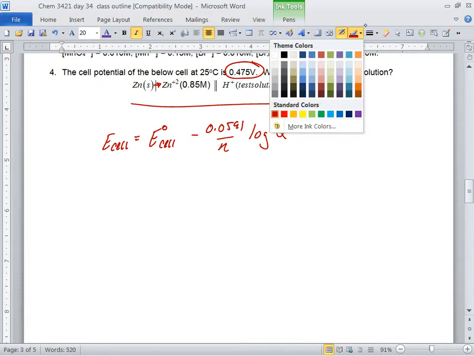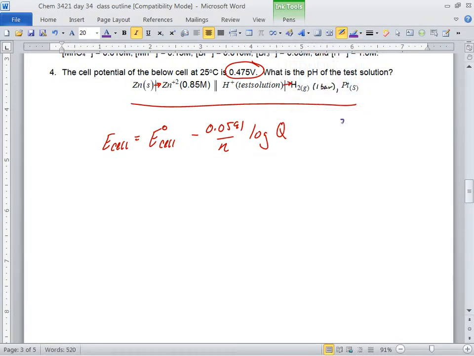Find these things. Zinc goes to zinc plus 2. And that's positive 0.76 because it's written opposite. You have to flip it from the table.